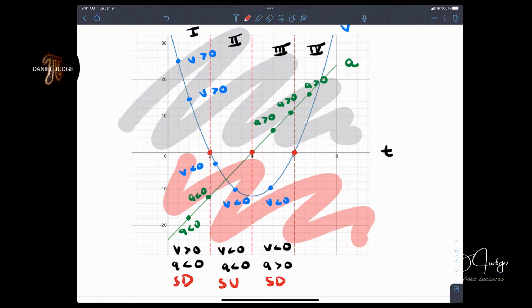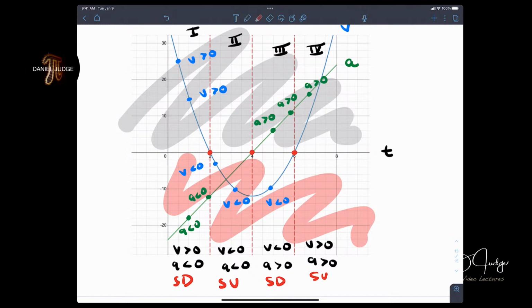Because the curves, ladies and gentlemen, in one case, acceleration is above the t-axis, velocity is below. Now look at region 4. Both curves are above the t-axis. So in region 4, velocity is positive and acceleration is positive. So they have the same sign. So this is a speeding up situation.